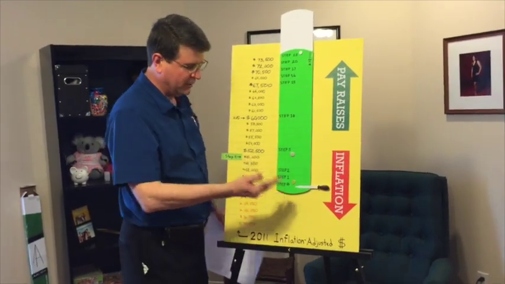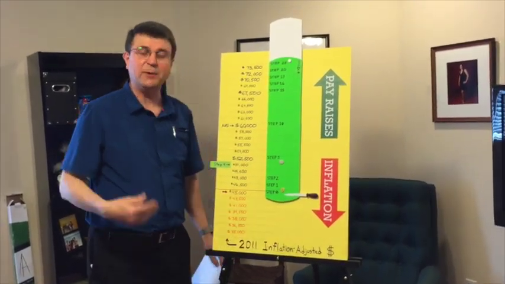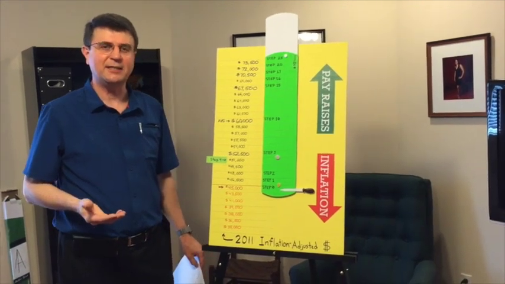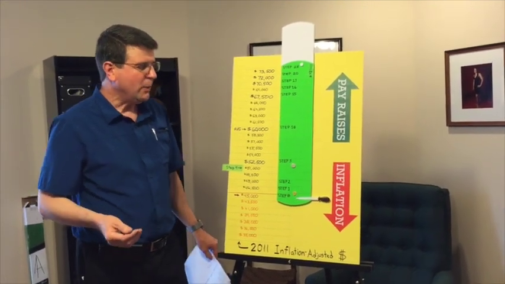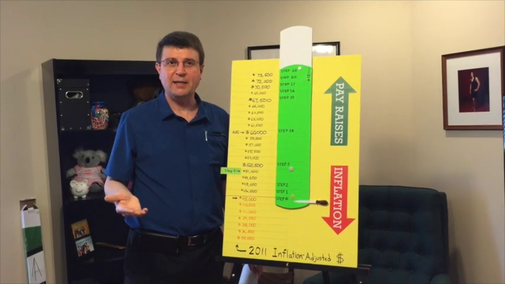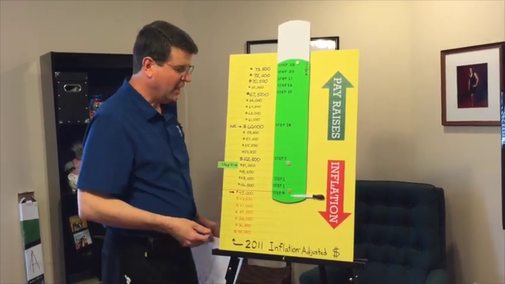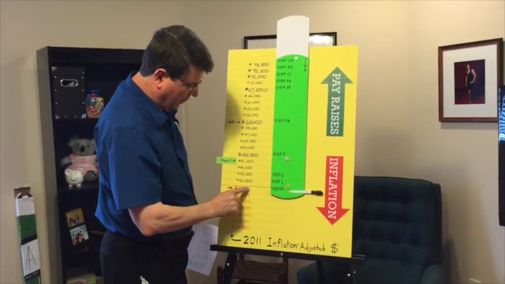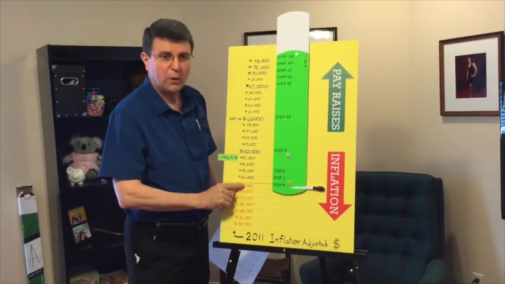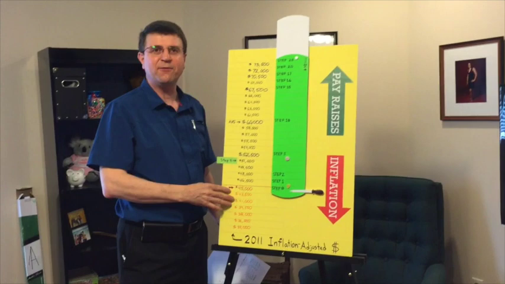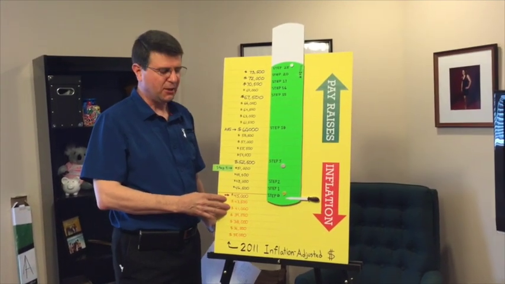So let's go back to the year 2011. If we go to the Bureau of Labor Statistics in Washington, D.C., we can see that the inflation rate in 2011 was about 3%, which means that $45,000 one year later would no longer buy $45,000 worth of goods and services.